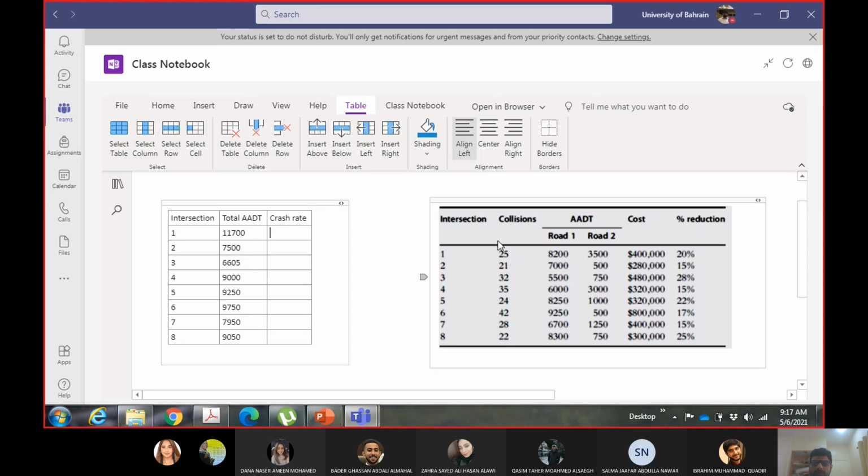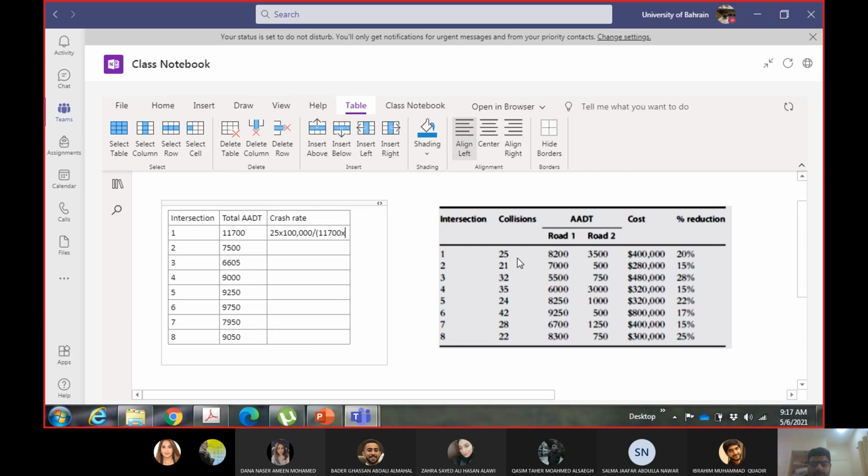Crash rate: total collisions divided by total AADT. But we need it for the full year. We are calculating crash rate in million entering vehicles. So for the first site, 25, multiply by 1 million, divided by the ADT you have.